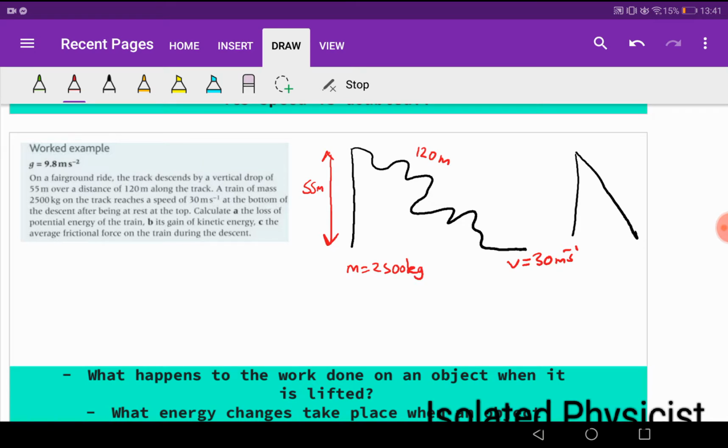So, loss of potential energy of the train. So that will be how much it had at the top, because obviously it's going to have to lose it all by the time it gets to the bottom. So, what is A? So that's GPE, equal to m times g times change in height. So 2,500 multiplied by 9.8 multiplied by the change in height, which is 55.